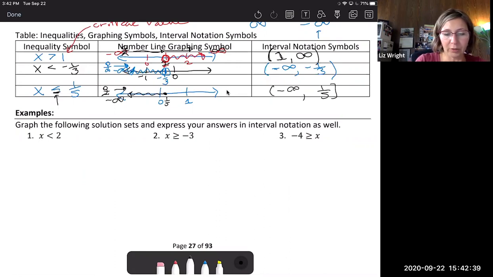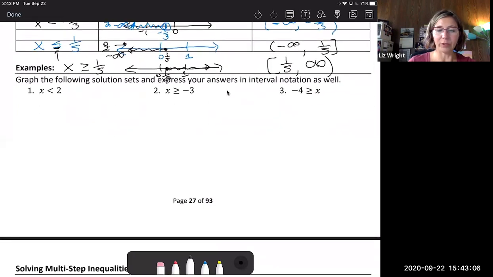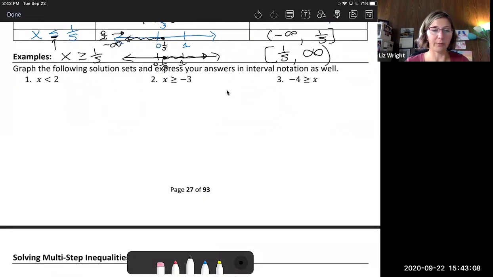And I'm just going to show you, I'm not going to draw it again, but if we did greater than or equal to 1/5, it'd be the same thing, except we'd have 1/5, and it'd be shading this way. And then we'd have 1/5 on up to positive infinity for that one. And I would also still have you put a 0 and then a 1 over here too, to finish that out.